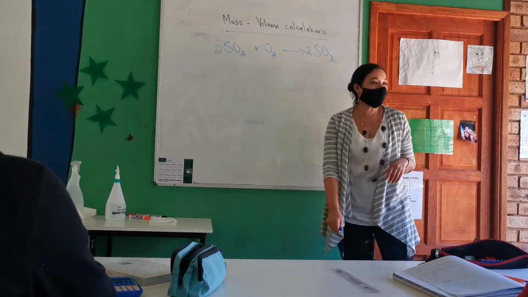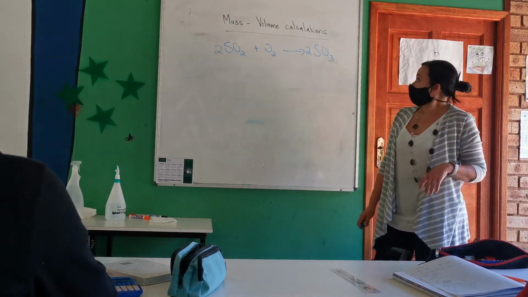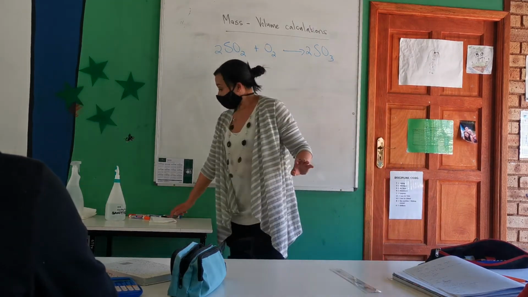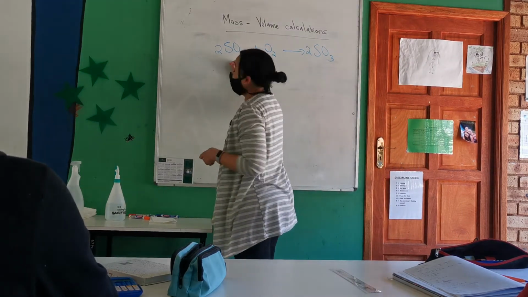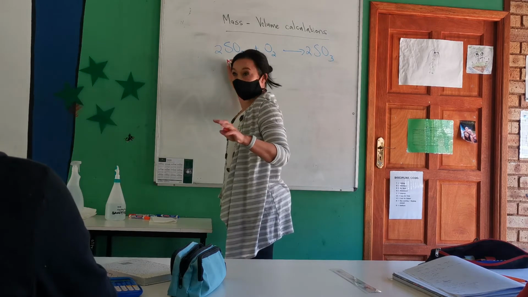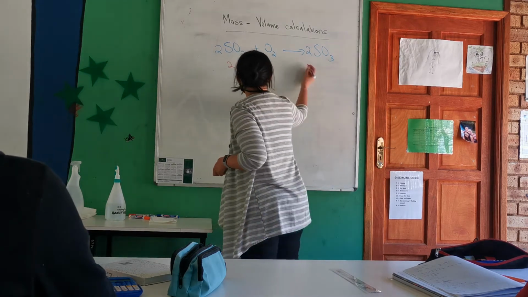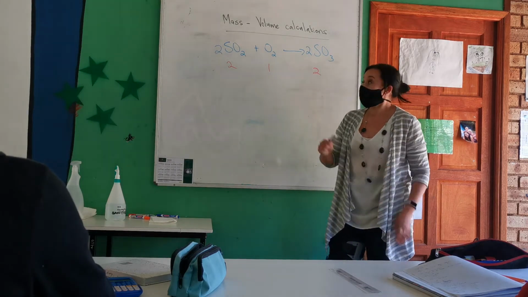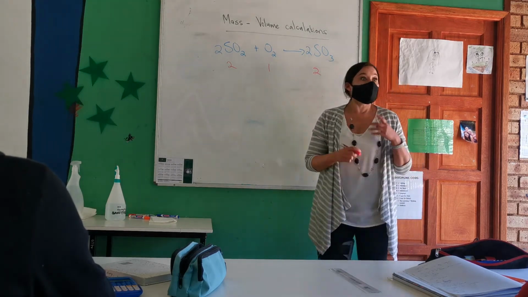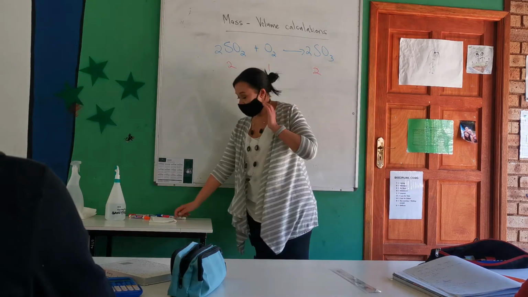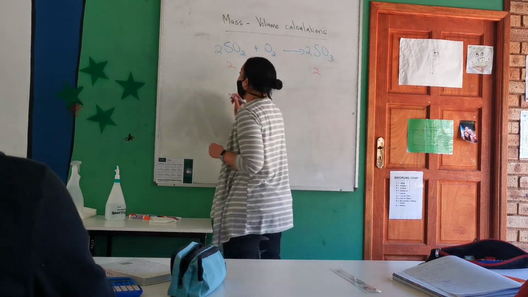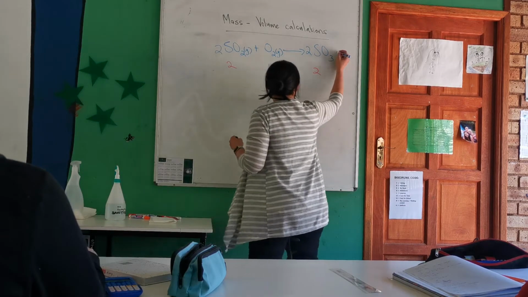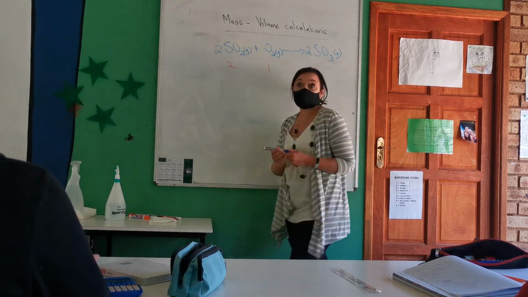So we have our balanced equation, and we're going to follow the same rules as what we did before. We start off with a mole ratio. Our mole ratio is 2 parts to 1 part to 2 parts. The first thing I'm going to do is include the phases. The phases mean whether things are solids, liquids or gases.